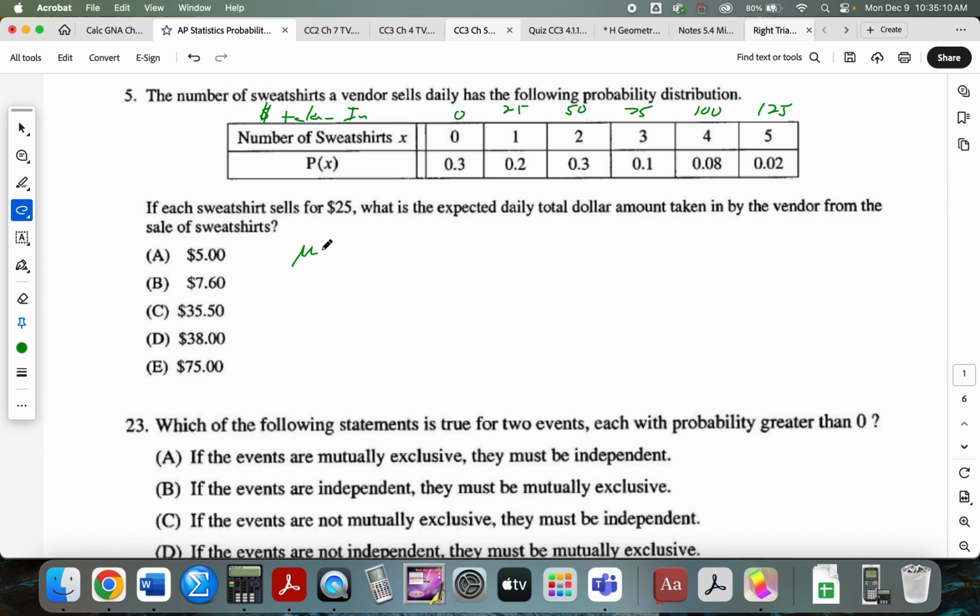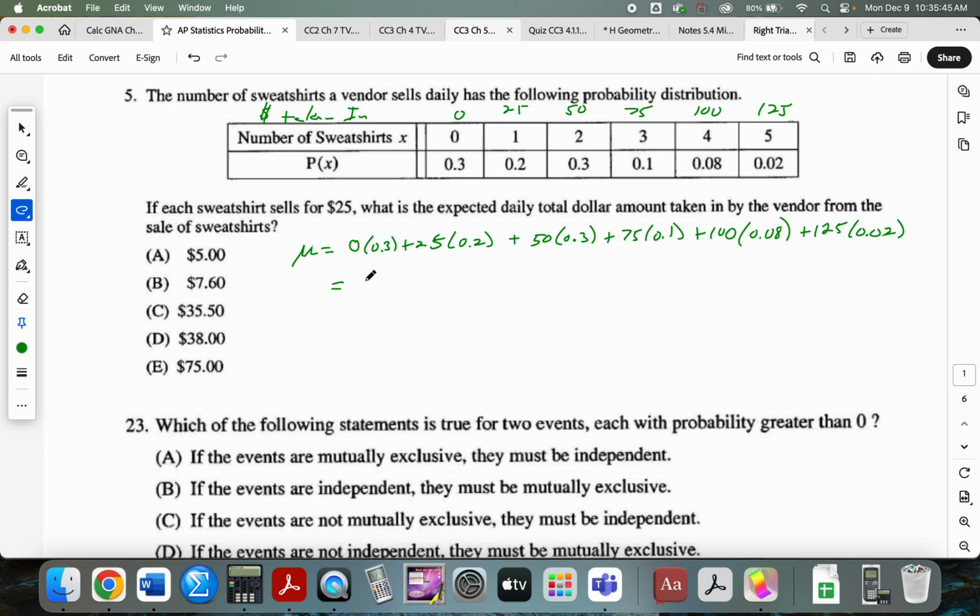So our mean is going to be 0 times 0.3 plus 25 times 0.2 plus 50 times 0.3 plus 75 times 0.1 plus 100 times 0.08 plus 125 times 0.02. Ooh, I'm going to do this in my head, or without a calculator at least.